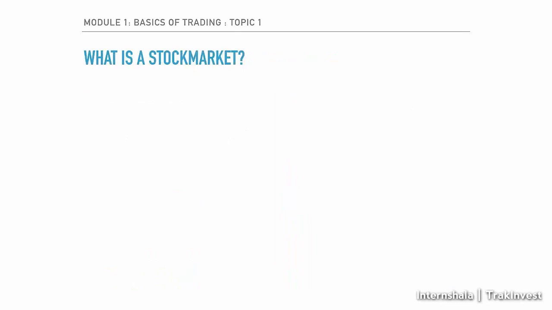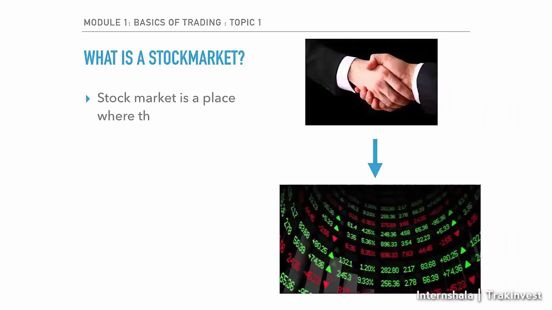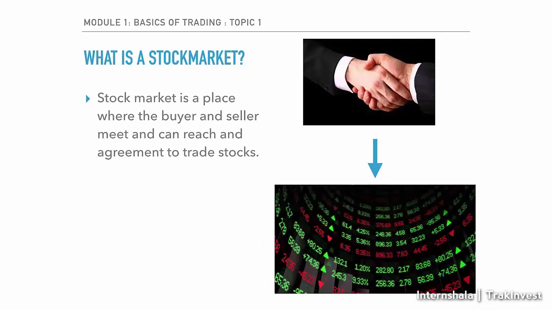So now what is the stock market and how does it all work? Stock market is a place where the buyer and the seller meet each other and can trade stocks. Stock markets are usually represented in the digital format as shown in the picture on the slide.